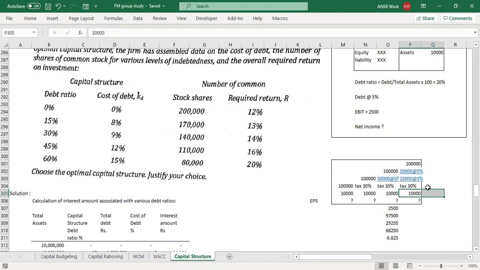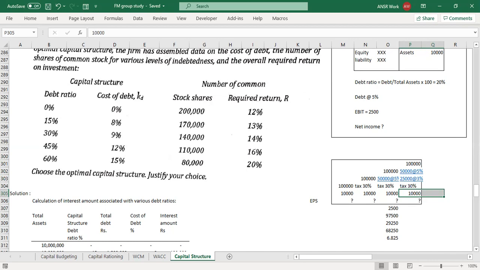Now, do you remember what the consequence of preference dividend or preference shares was, or shall I just remind you? Can you please remind the rest? Yeah, no problem. The difference between debt and preference shares is that the debt interest you pay to the debt holders is tax deductible.